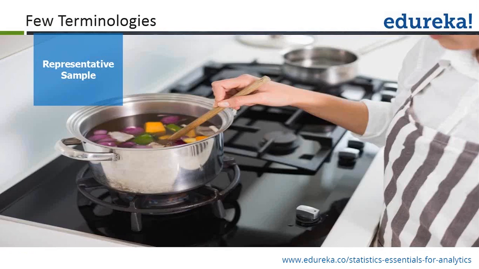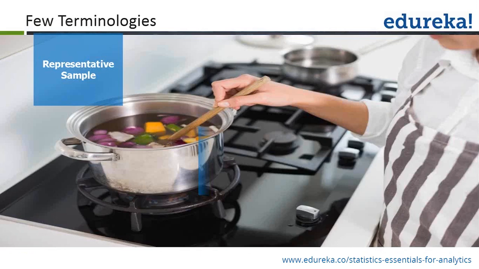So assume that you are preparing a soup, or maybe your wife or your mother is preparing your soup. When you want to check whether the soup is fine, in other words, whether the necessary salt has been added and so on, you take a teaspoon of the soup that is being prepared, and you assess whether the soup is good for serving. Is it fine, right?